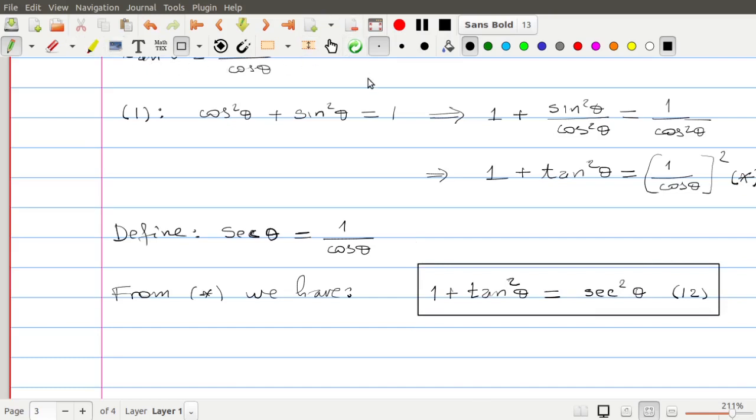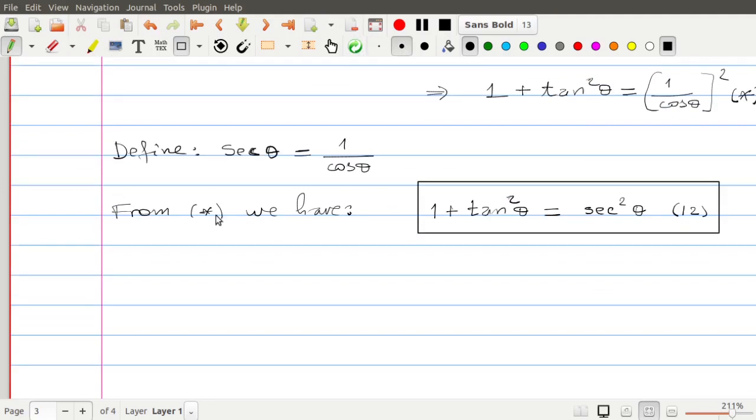And similarly, we can define the cotangent function.